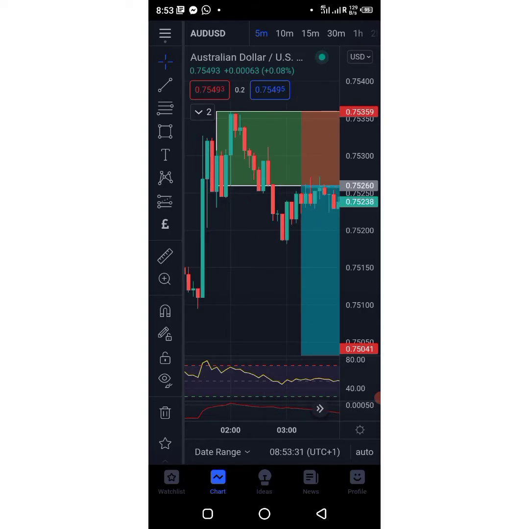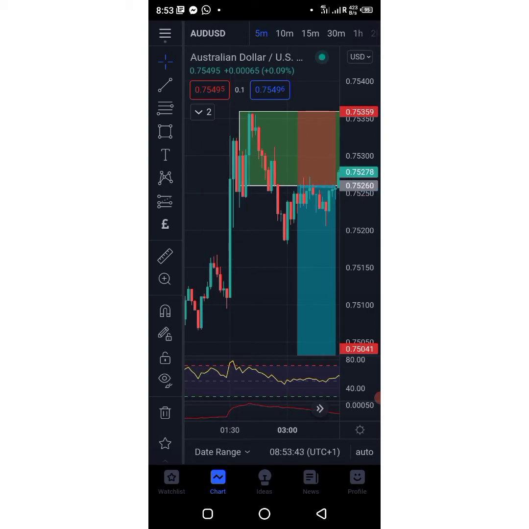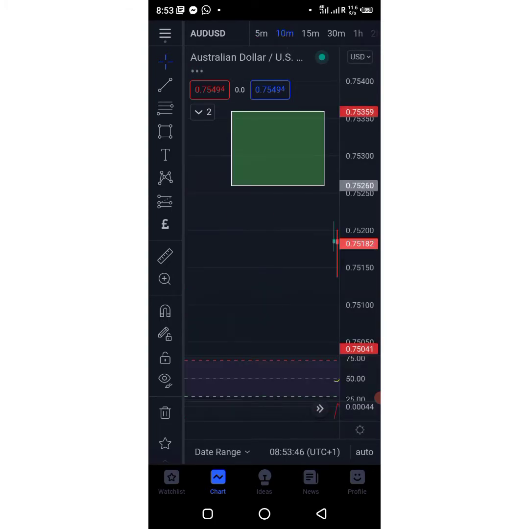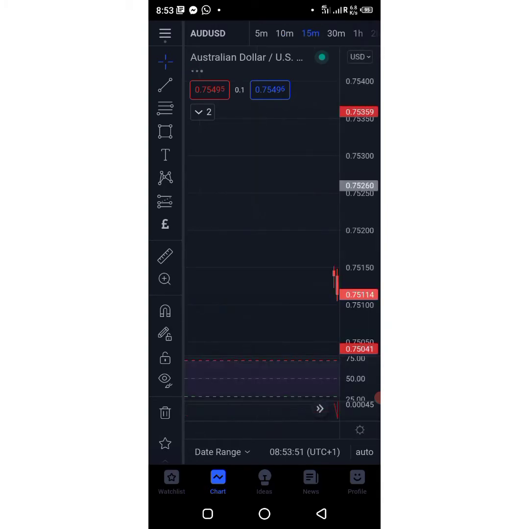Alright guys, so the strategy I'll be talking about is, like I said, the supply and demand strategy. I think I was looking at the 30-minute time frame on this pair. Let me see if it's the 15 minutes.